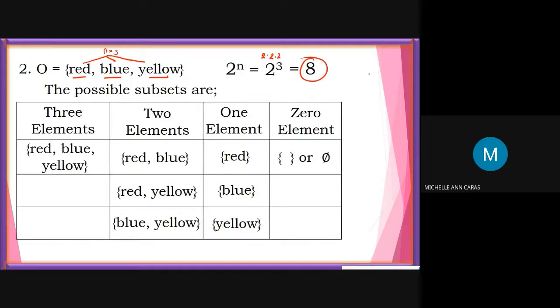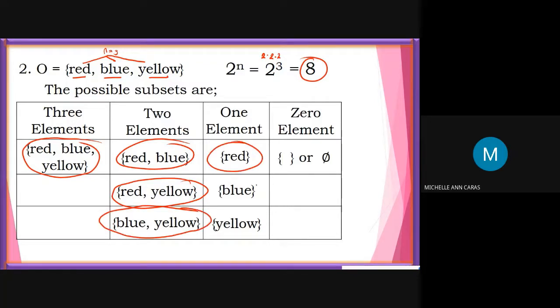So if we count the possible subsets of set O, we have 1, 2, 3, 4, 5, 6, 7, and 8. So we have gotten the 8 possible subsets of our set O. Okay? So, next.